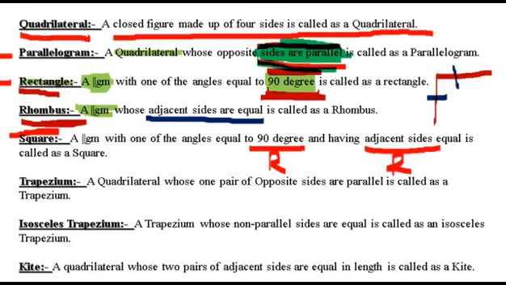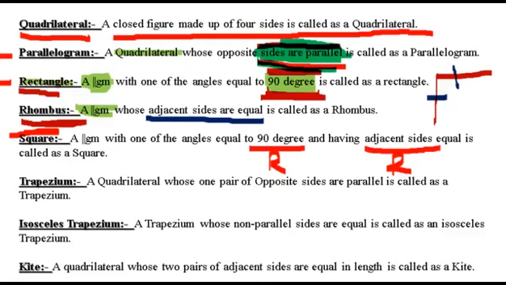So if you have to prove a parallelogram is a square, you have to prove that it has both the properties of a rectangle as well as a rhombus. That is, one of the angles is 90 degrees and also it has one pair of adjacent sides equal. Let's say there's a question. You have been given a quadrilateral and you have to prove that the given quadrilateral is a square. How will you prove it?